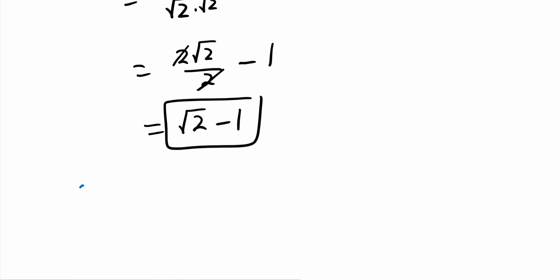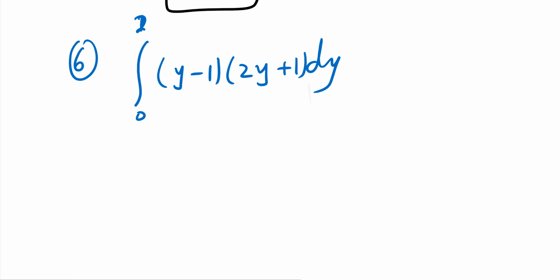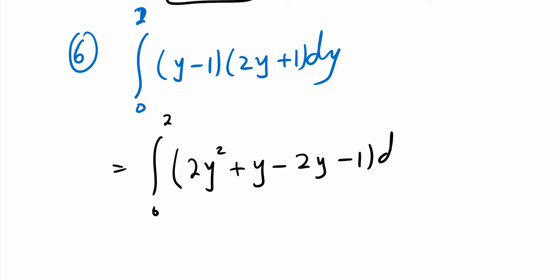Next one, number 6. What if we have the integral of y minus 1 times 2y plus 1 dy from 0 to 1? Or let's make it 2. How can we find the antiderivative for such a thing? To find the antiderivative, you must first multiply all of this out. So you distribute: 2y squared plus y minus 2y minus 1 dy.